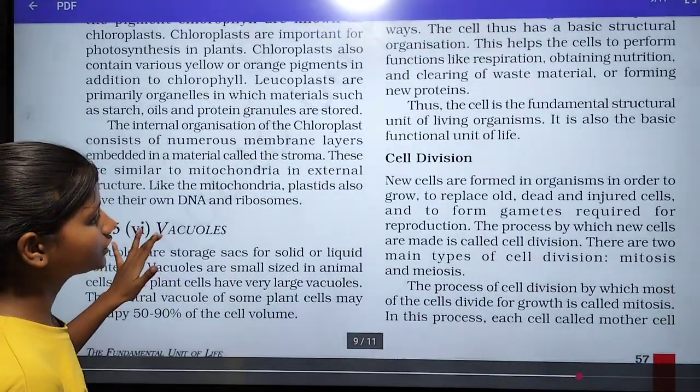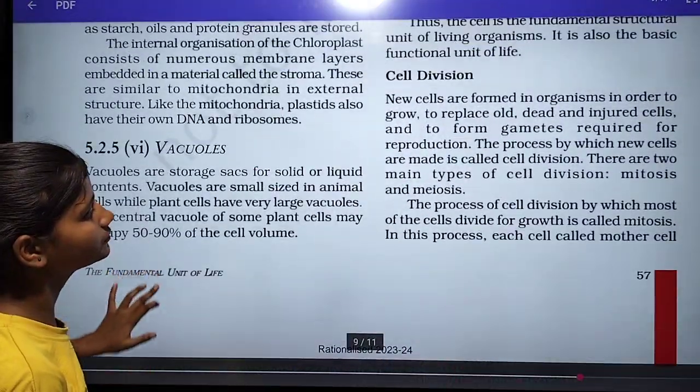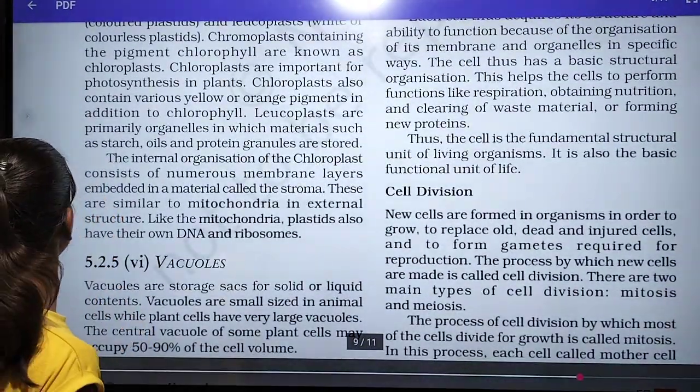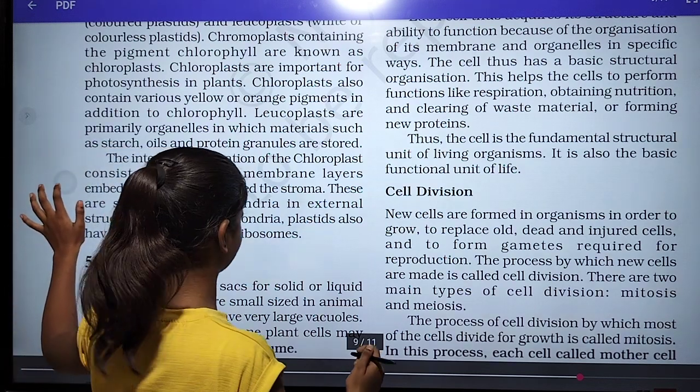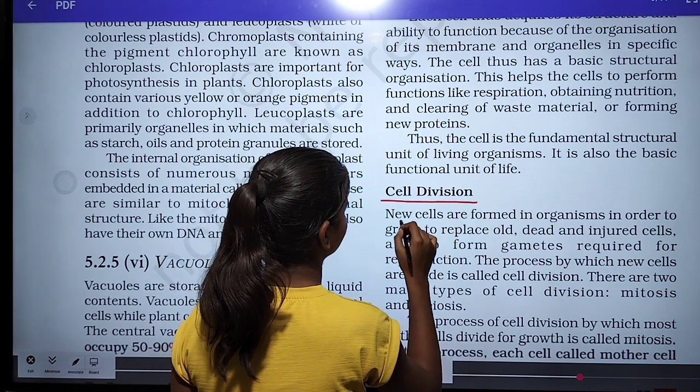And now the last term, that is cell division.